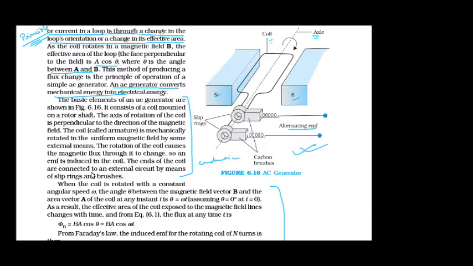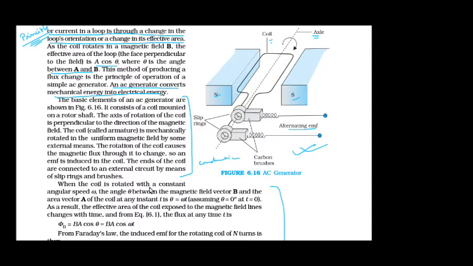The ends of the coil are connected to the external circuit by means of slip rings and carbon brushes. The induced alternating EMF can flow through this wire.